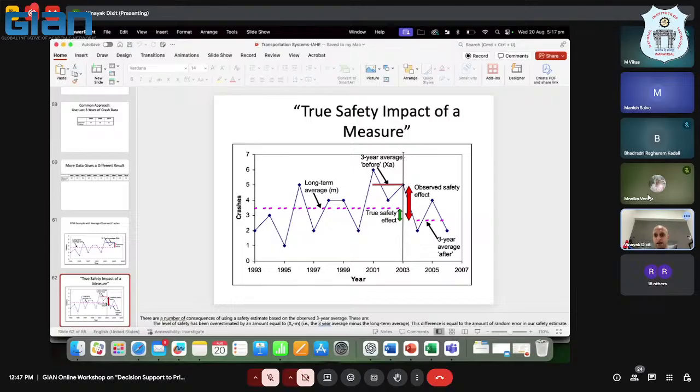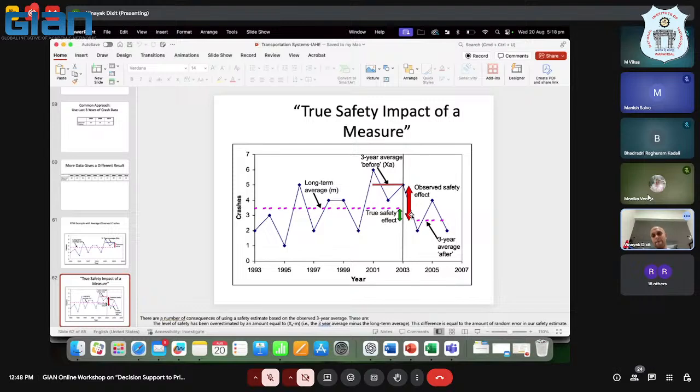In 2003, I apply an intervention, and the 3-year average after is around 2.8. So 3.5 minus 2.8 is 0.7, and 0.7 divided by 3.5 is a 20% reduction. But if I had taken 5, then 5 minus 2.8 is around 2.2. That becomes quite a large impact.